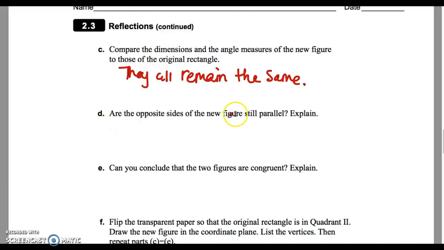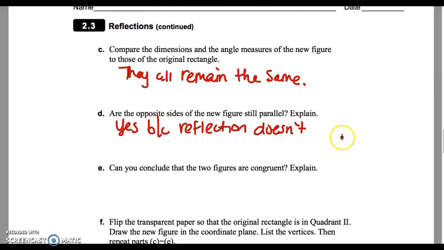D, are the opposite sides of the new figure still parallel? Yes. And we'll say because reflection doesn't change size or shape. So those opposite sides would still be parallel.